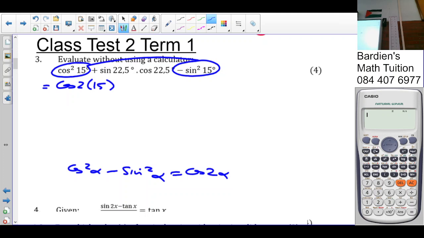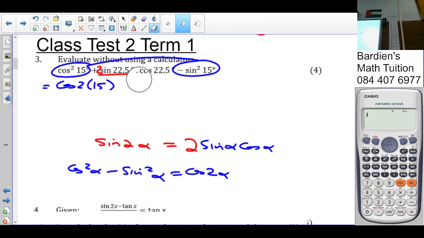Now what does sin alpha cos alpha remind us of? If there's a 2 there, it reminds us of sin 2 alpha. That's all. So in other words, I'm short of a 2 here. So if I put a 2 in front of it, what must I do? Divide by 2 as well.